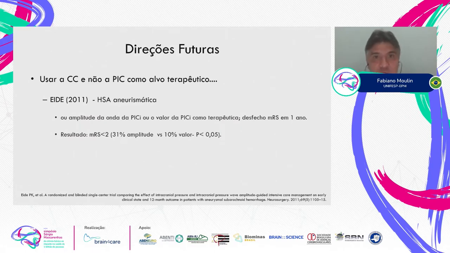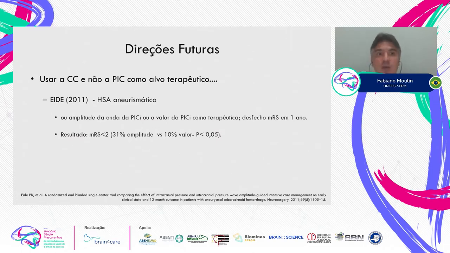As a vital sign, it seems to lag behind. It seems to be reactive rather than active. And understanding the brain compliance, now we have the ethical and scientific obligation of creating a project in which we are going to randomize patients to be treated with monitoring of ICP and those monitored by compliance.